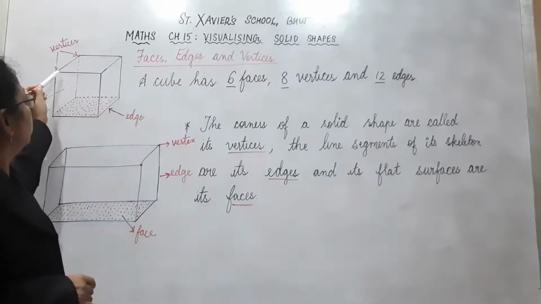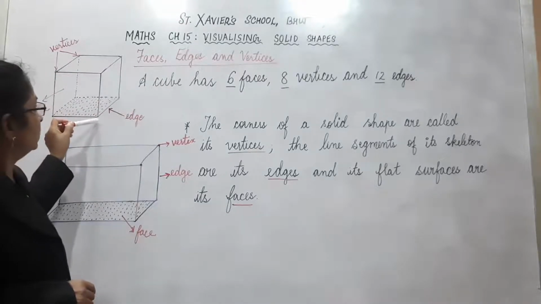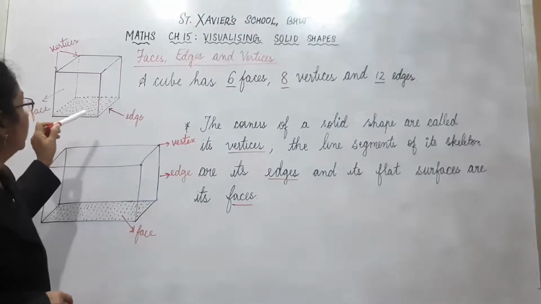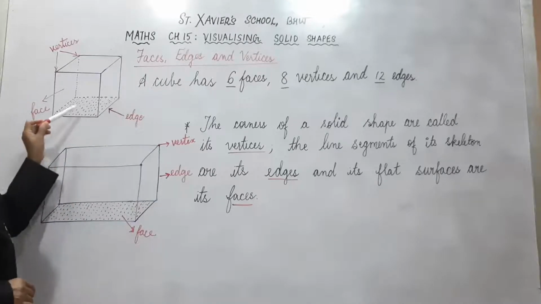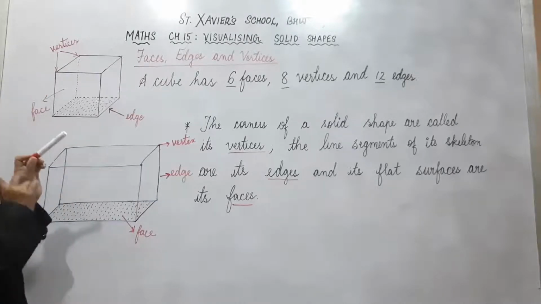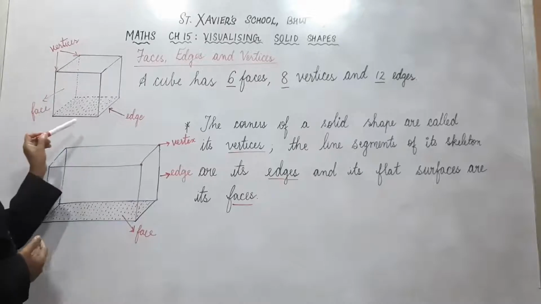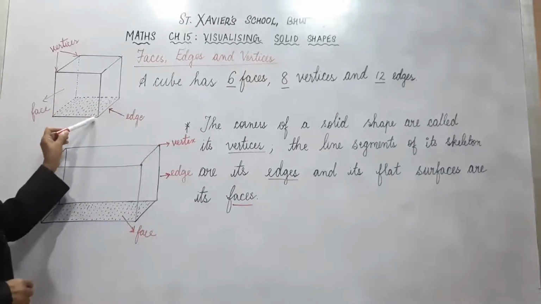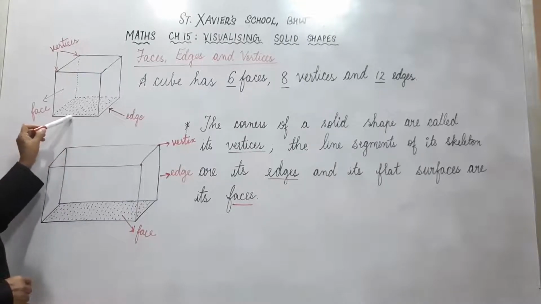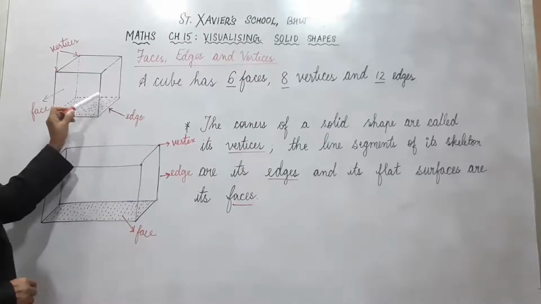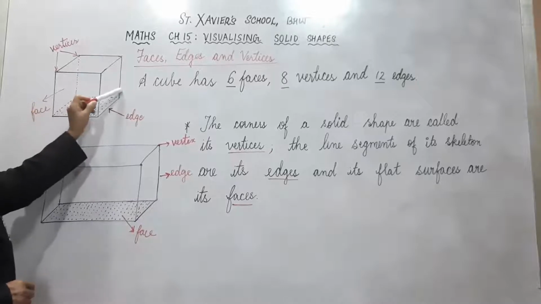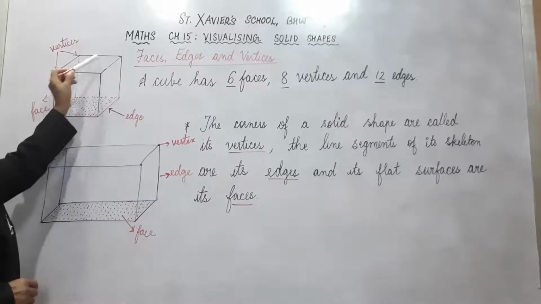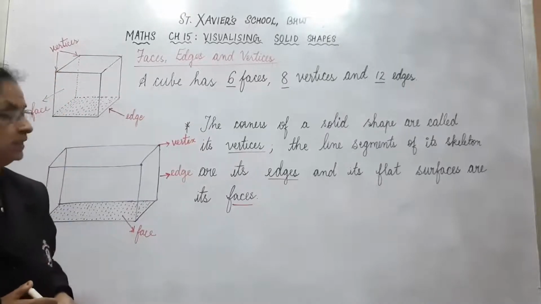So a cube has 8 vertices, and how many faces does it have? It has all 4 sides and top and bottom, total 6 faces. And how many edges does it have? 1, 2, 3, 4, 5, 6, 7, 8, 9, 10, 11, 12. Total 12 edges it has.